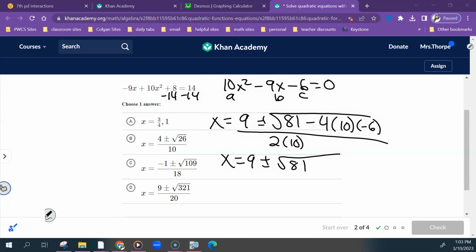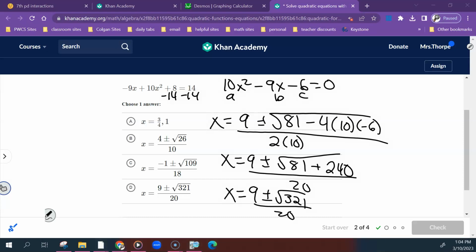What's negative 4 times 10 times negative 6? It's 240. And then if we add 240 and 81, 321.